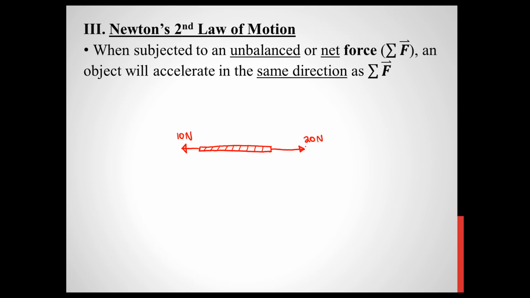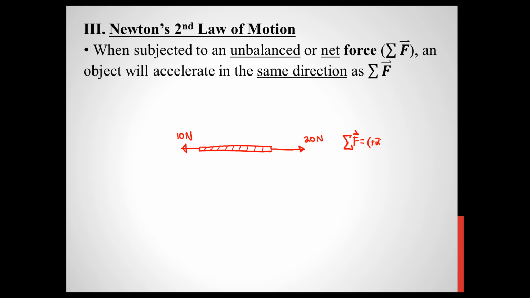Now, obviously, the person who's pulling on the right end is pulling with a greater force than the person on the left side. So if you calculate the net force acting on this rope right here, it would be sigma F, the net force, would be equal to, well, the force on the right-hand side is towards the right, so it's positive.